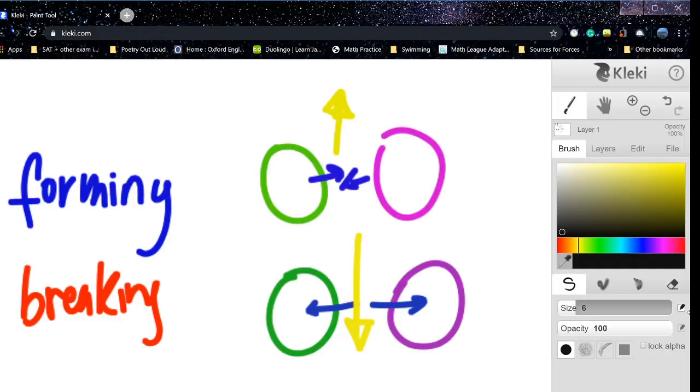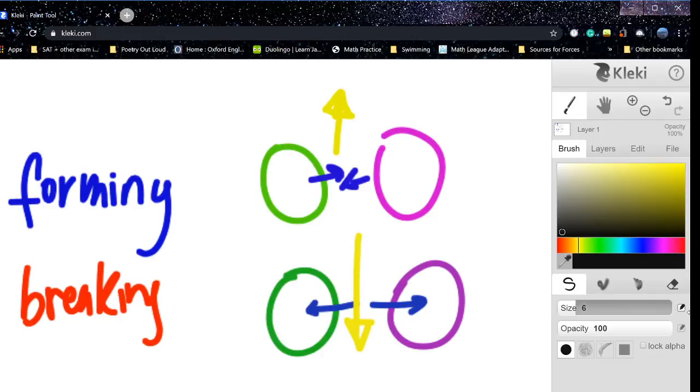So the work is positive. So here it's the same. Enthalpy is talking about the change in energy of the system, which in this case would be the two molecules that are forming or breaking their bond.